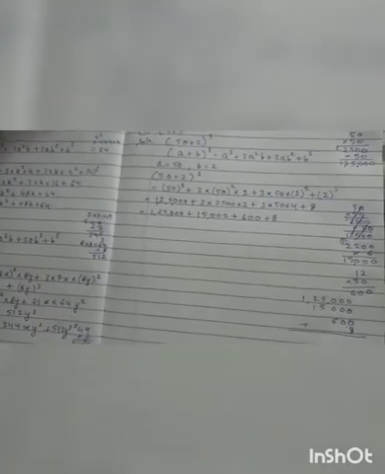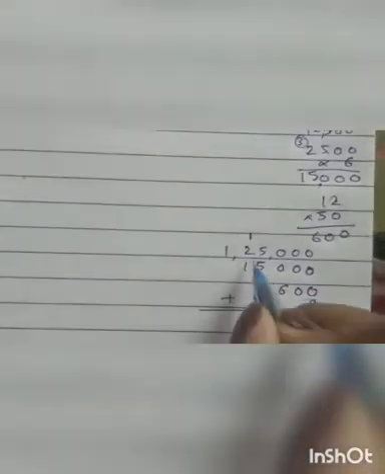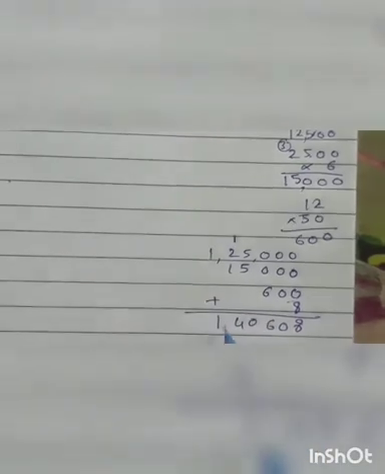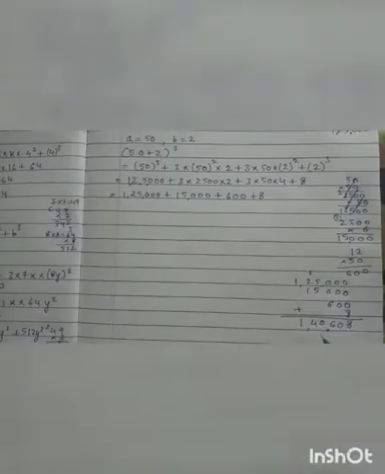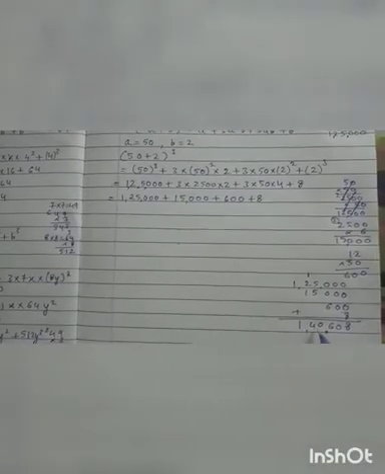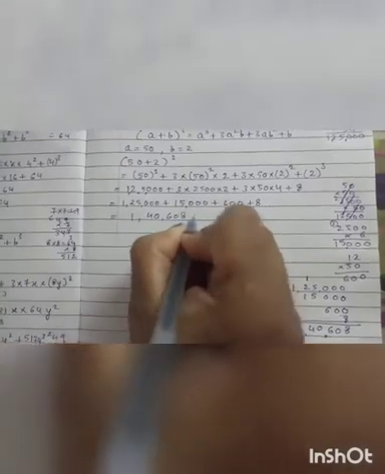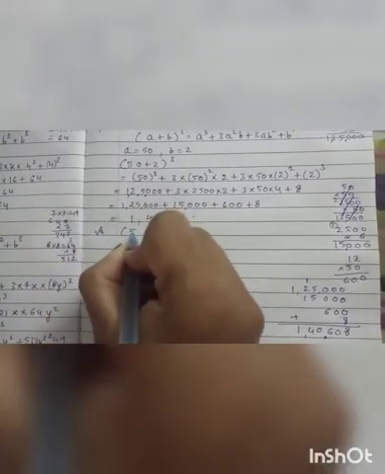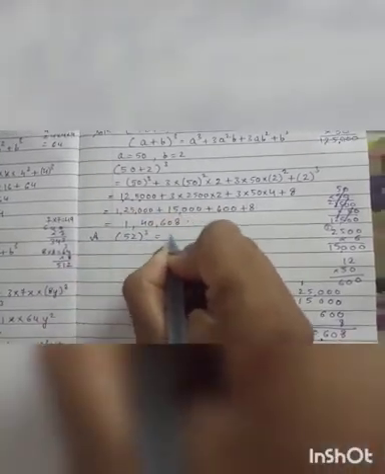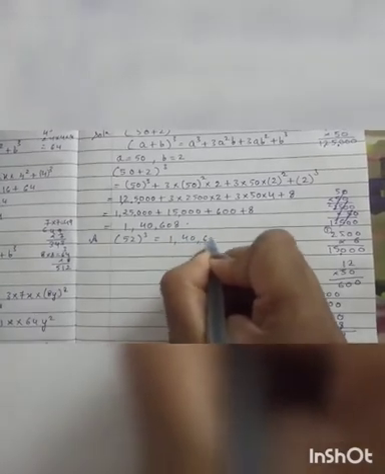Now add them. 8, 0, 6 5s plus 5 is 10, 0 carry 1. 2 plus 1 is 3, 3 plus 1 is 4, and 1. So we have the answer as 1,40,608. So our answer is 52 whole cube is equal to 1,40,608.